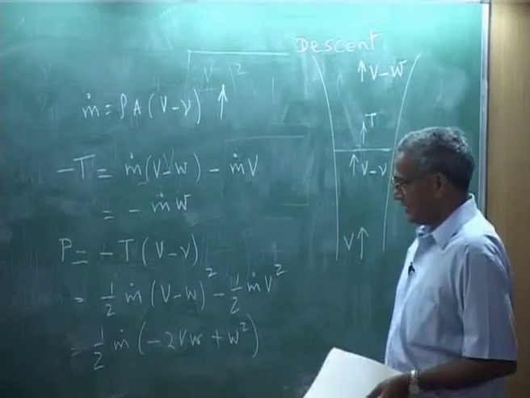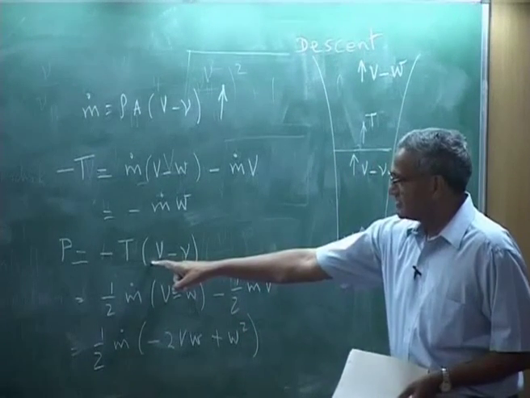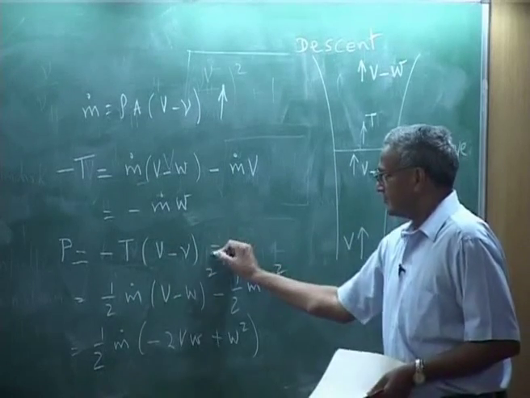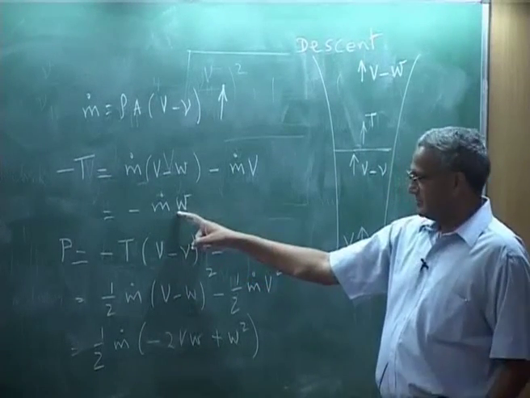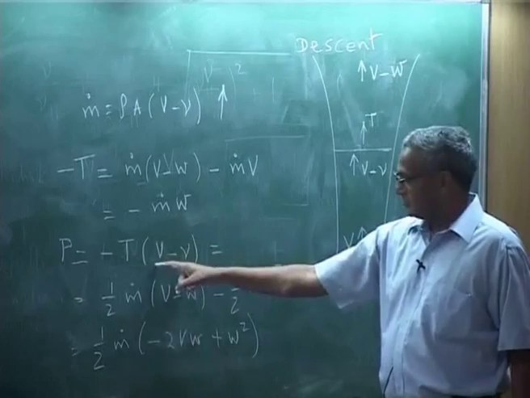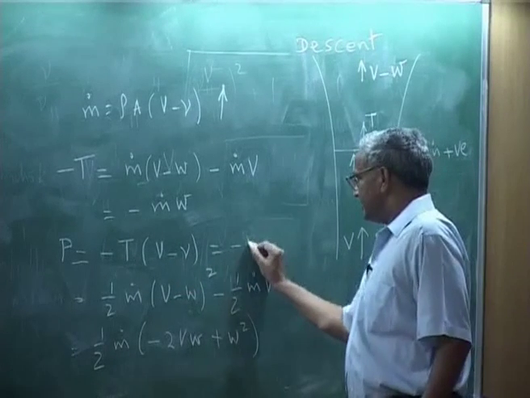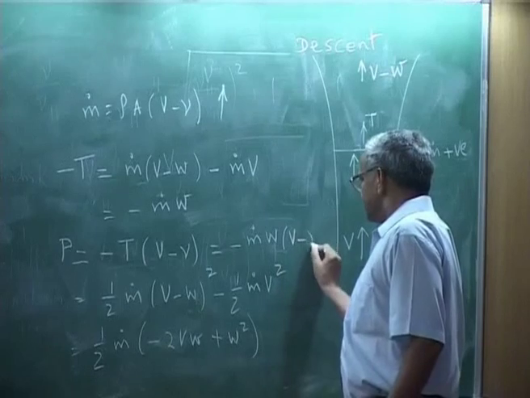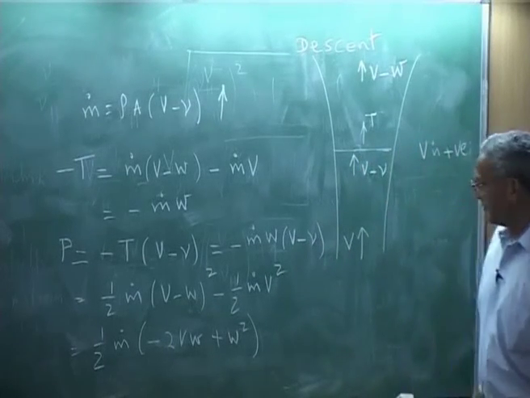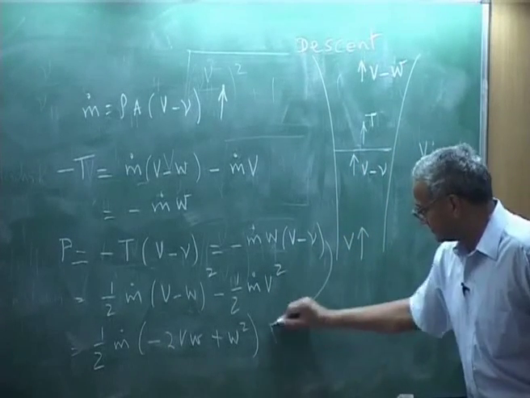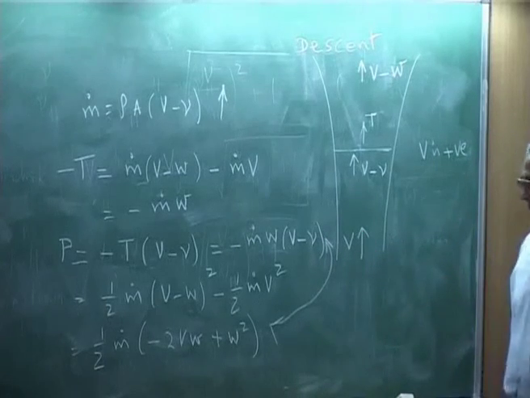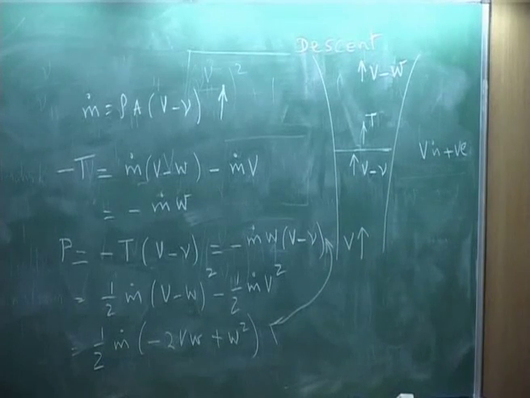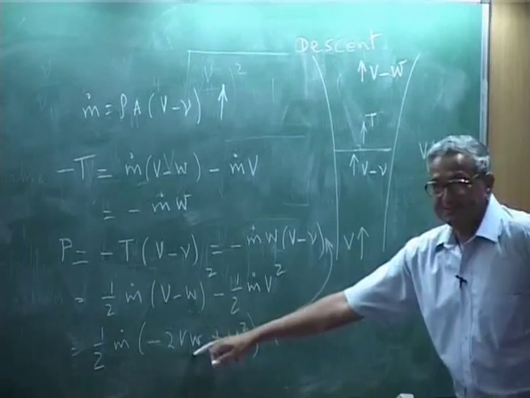Now, again here you will be substituting minus T as minus m dot W. So, you will have minus m dot W into (V minus nu). So, these two are equal, because this is equal to this.